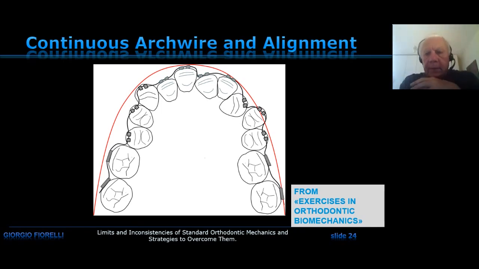So once you have seen a first presentation about what the geometries are and what the force systems are, the next step is that we are able to find out which is the geometry between two brackets. Now I have just taken this little drawing from our exercise book to give you an idea of how someone can have a judgment about the geometry.